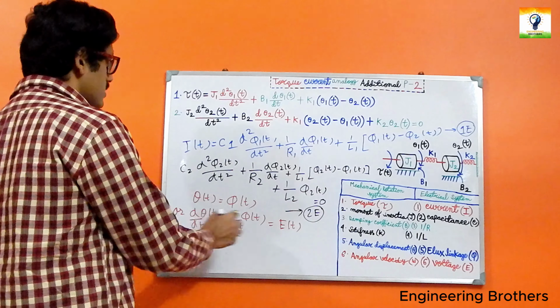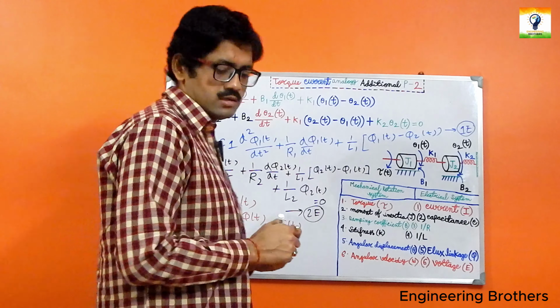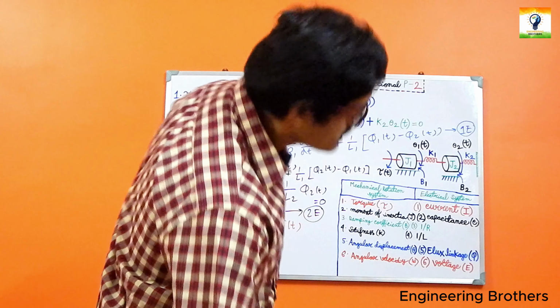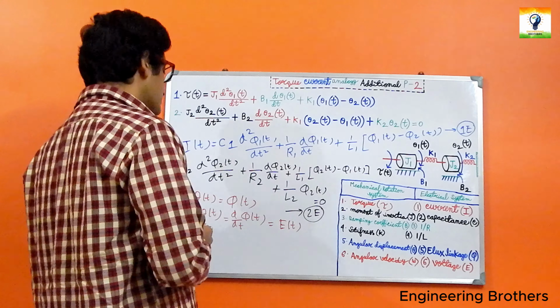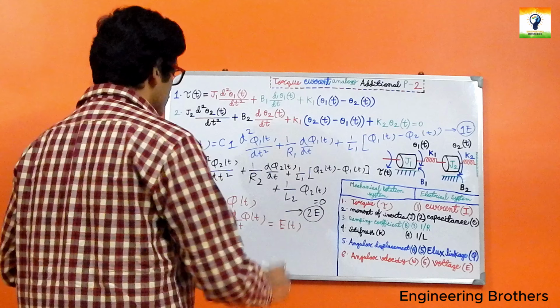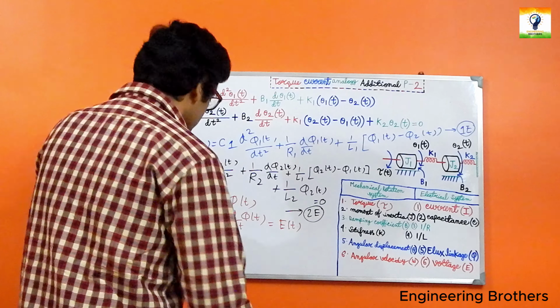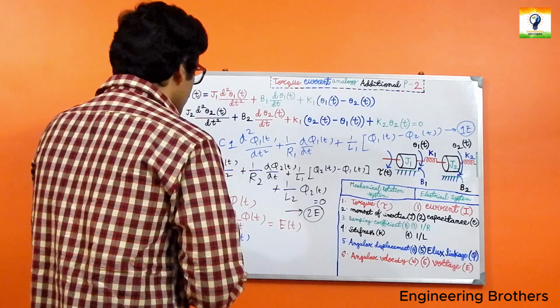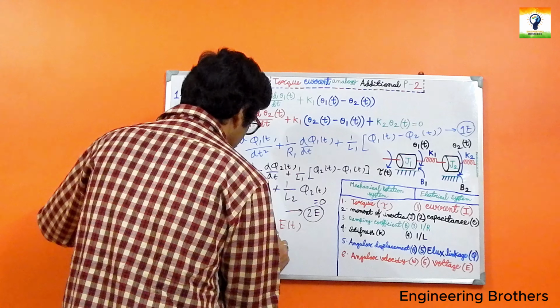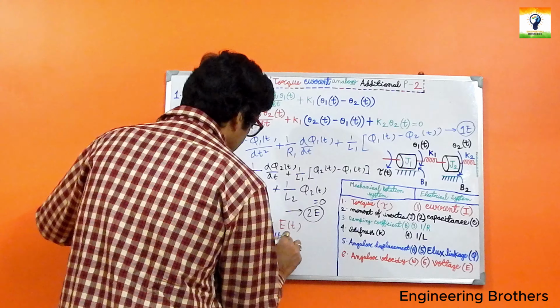Now by using this much needed relation, d phi t by dt is equal to E t, we require to find phi t from this given expression. If you cross multiply on both sides, we have d phi t equal to E t dt.